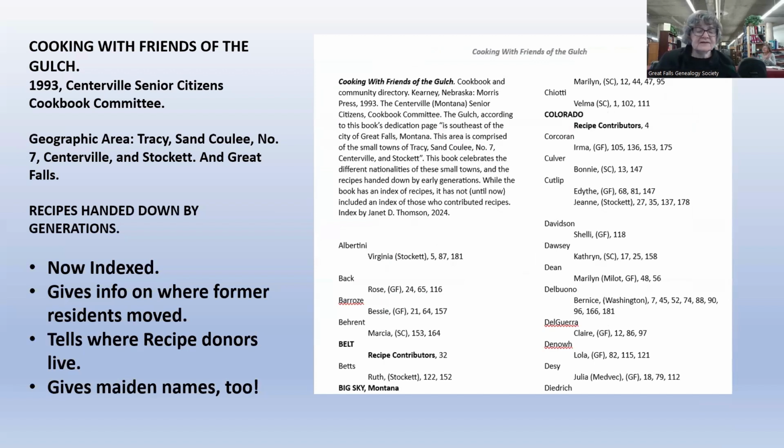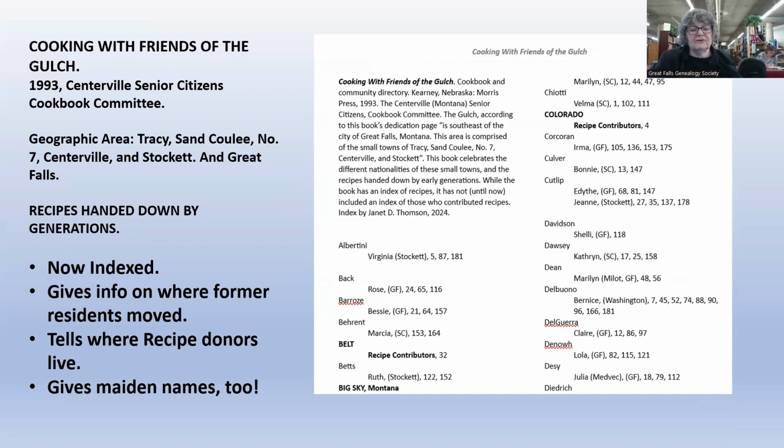I have indexed this one, and I encourage you to give back to your community. It did not take long to index it. I just used Word to do it because I wanted it to be in the simplest format possible. This was 1993 when they did it.